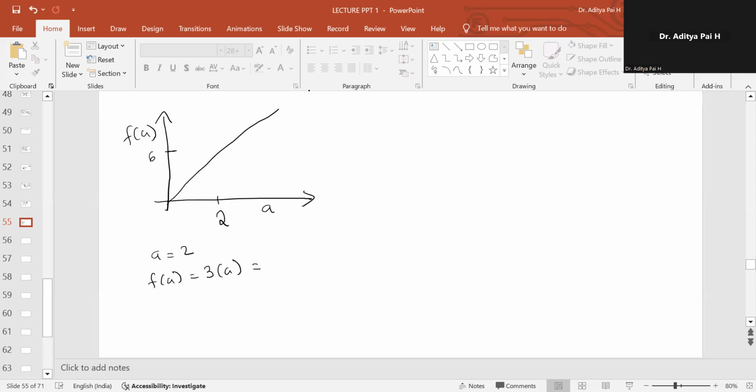So 3 into 2 is equal to 6. When I plot the same thing, you get it in this way.